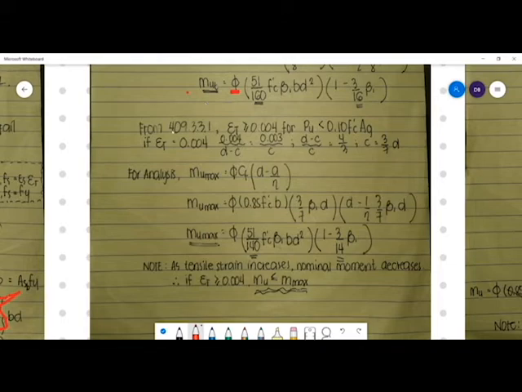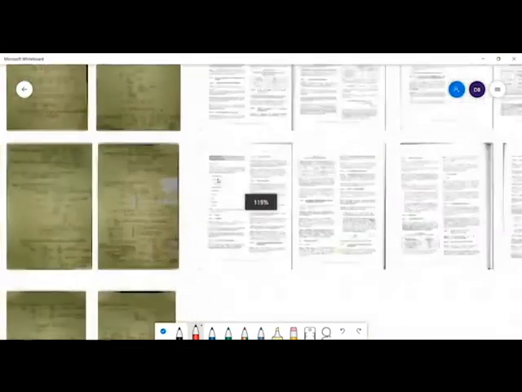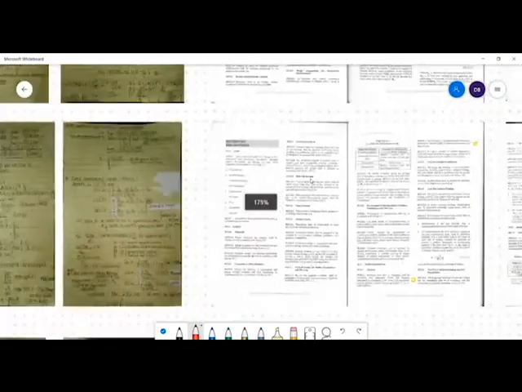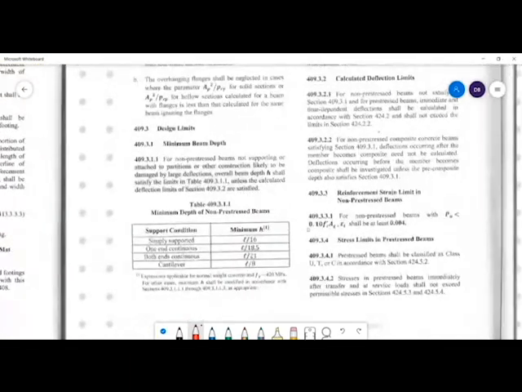There's a code from section 409.3.3.1. So here it is. For non-prestressed beams with P_u less than 0.1 f'c A_g, here are the beams na walang axial load, ε_t shall be at least 0.004.